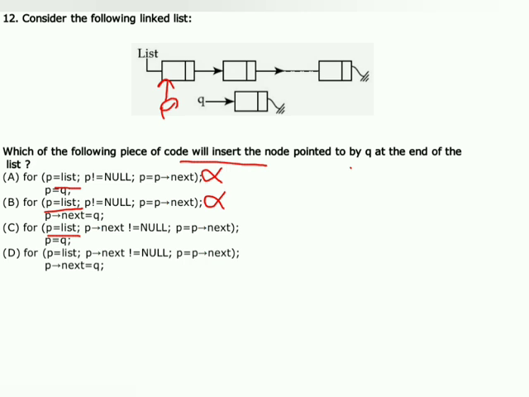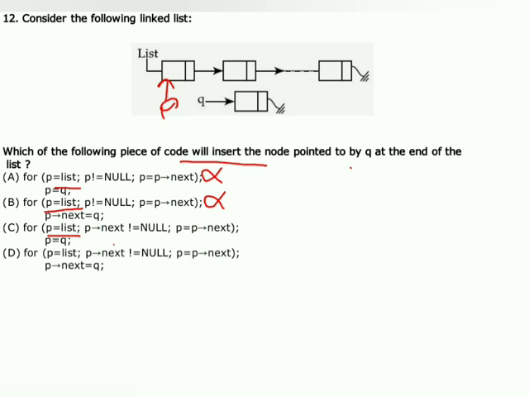Next, we'll check option C here. So P equals to list. So we are assigning P to the head of the list, and P is a pointer to the head of the list. Next, P next is not equals to null. So here the next value of P is not equal to null, right? Okay.